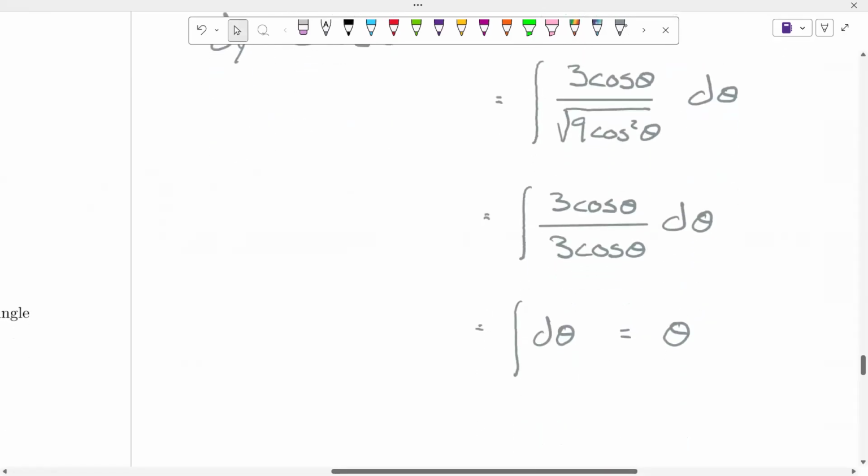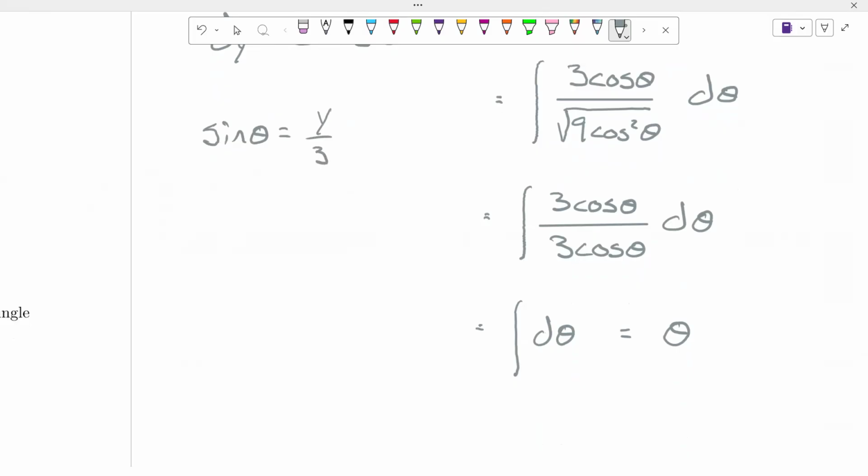So come back up to our definition for y, which was y equals 3 sine theta, which means sine of theta is equal to y over 3. So theta is the arcsine of y over 3.